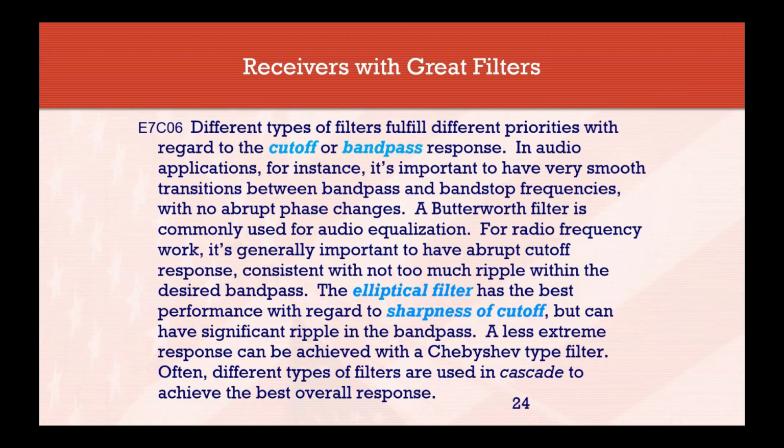The elliptical filter has the best performance with regard to sharpness of cutoff, but can have significant ripple within the band pass itself. So generally the Chebyshev is considered a trade-off, if you please, and it's often used there. And again, sometimes we can cascade those different types of filters one after the other in order to get the best of each one.